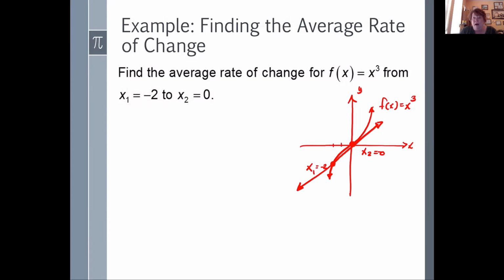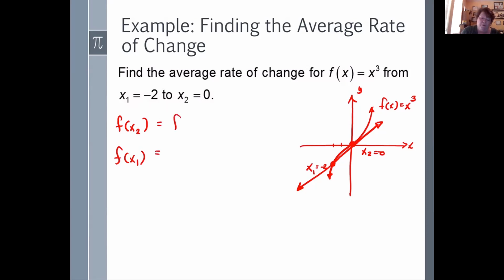So what we need to find is what are the 2 y values for those 2 x values. So to find the y values, we need to find f of x2 and f of x1, and that'll give us the outputs for the given inputs.